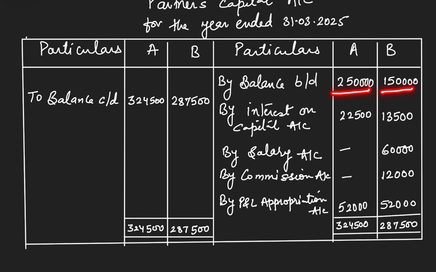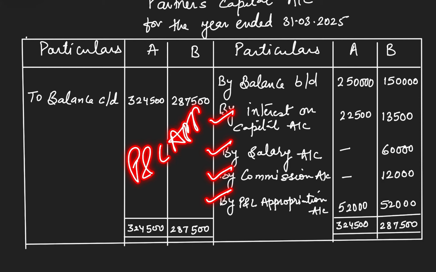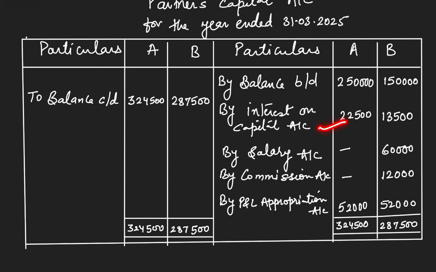Right, opening capital given in the question is 2,50,000 for A and 1,50,000 for B. See, we had calculated the interest on opening capitals only at the rate of 9%. Now these are the benefits we had recorded in the profit and loss appropriation account on the debit side. We are transferring all these benefits here also.